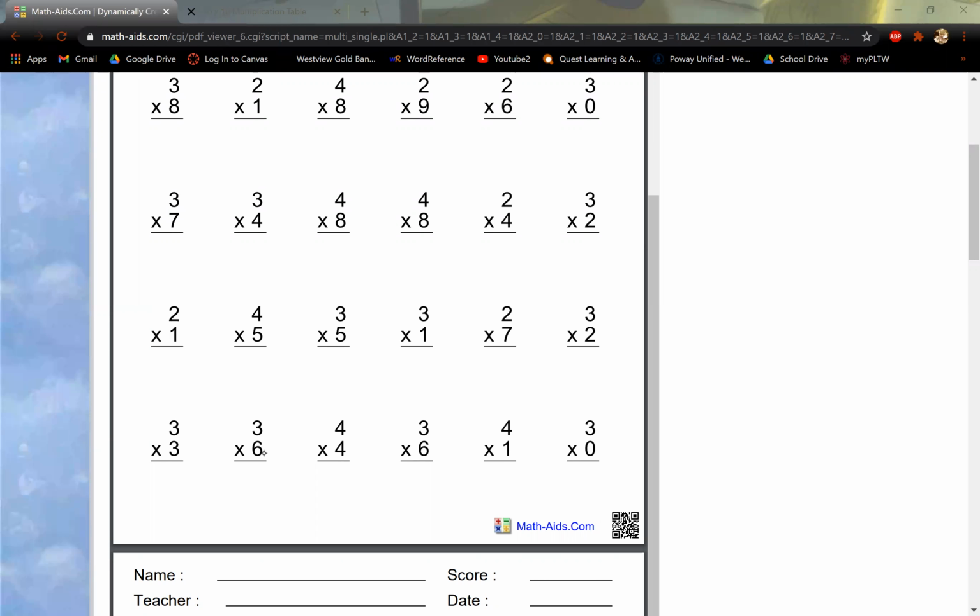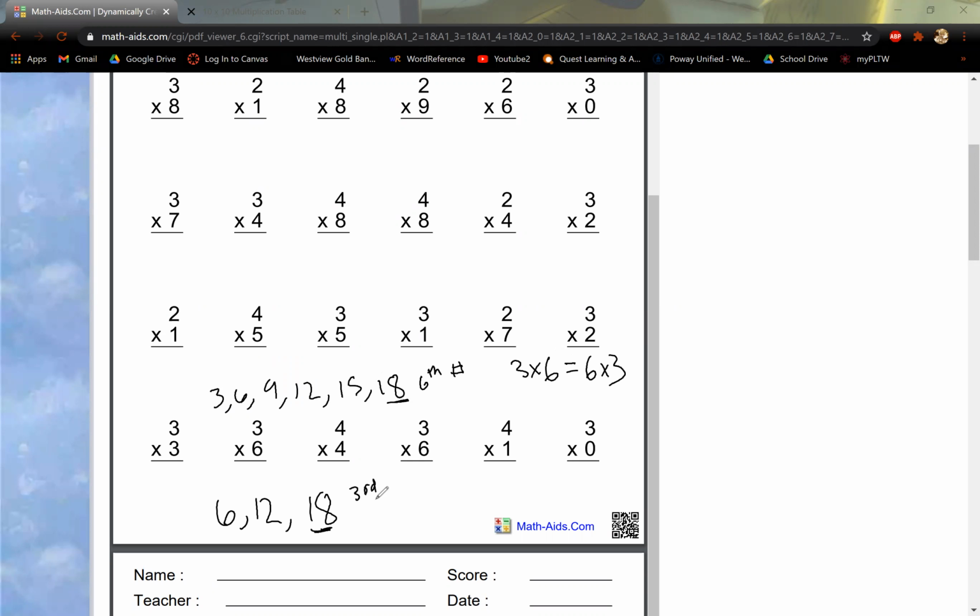You could look at it as 3 multiplied by 6, where you would count by threes, 3, 6, 9, 12, 15, 18, and you would look for the sixth number. And we also looked at how 3 times 6 is the same as 6 times 3. So you could also do 6, then 12, then 18, which is the third number.